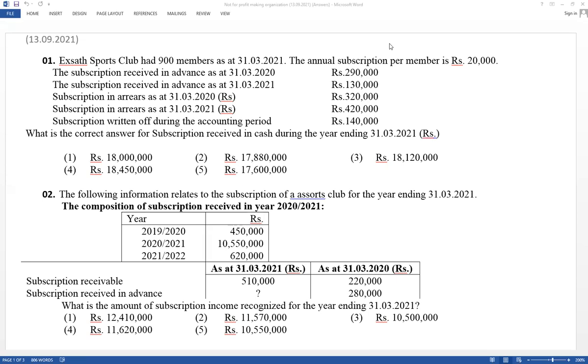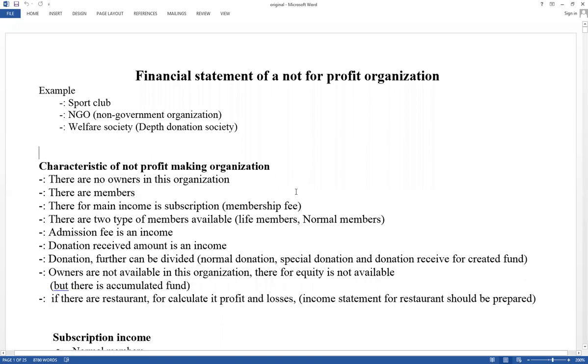Not-for-profit making organization, example, sport clubs. Basic part I have discussed. All the theory part I have given in separate notes. Those are the examples: sport clubs, NGO, and welfare society.